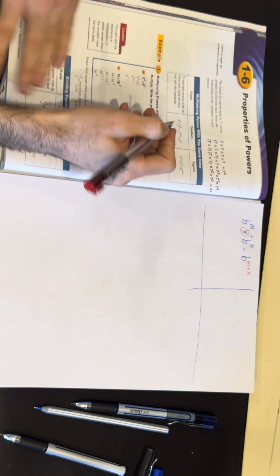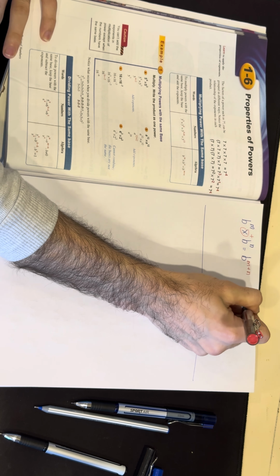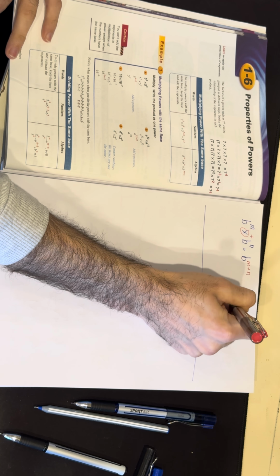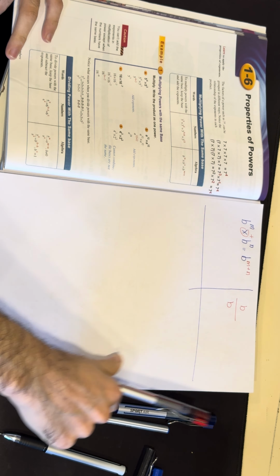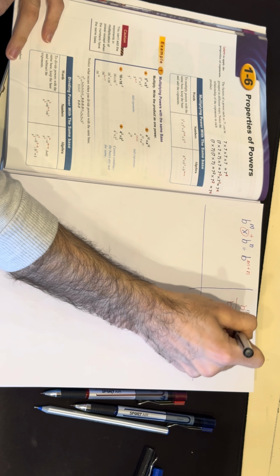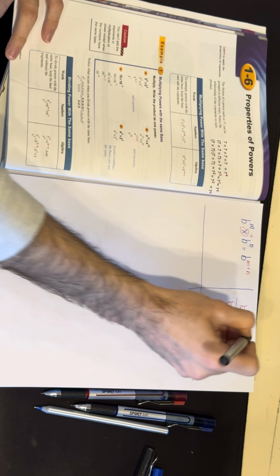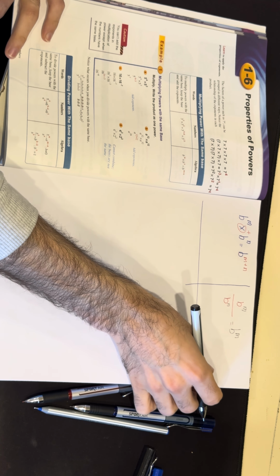But what if you have division? If you take a look at the book, we have division. Let's say again I have b over b, but this time the powers of b are m and n. In this case, again, I'm going to keep the base, then I'm going to subtract the power.